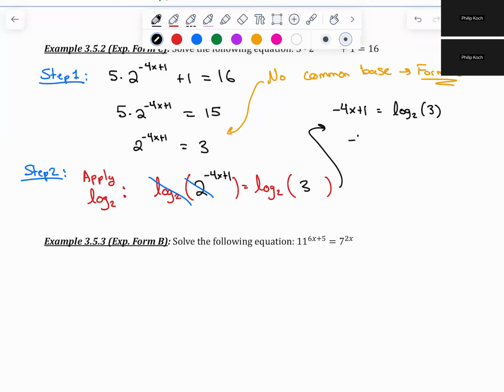So negative 4x equals log base 2 of 3 minus 1, which equals then x equals log base 2 of 3 minus 1 divided by negative 4, which is approximately negative 0.1462.